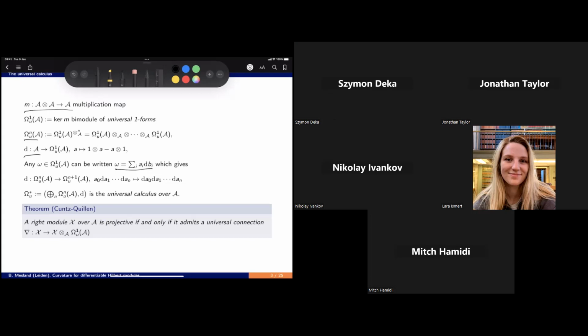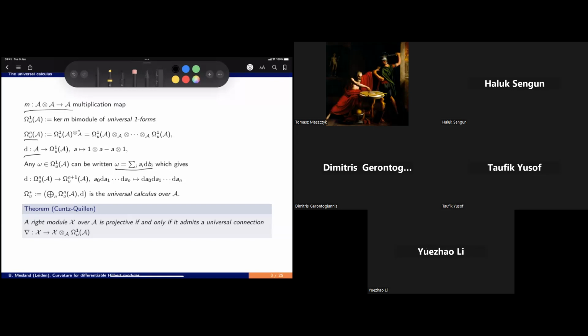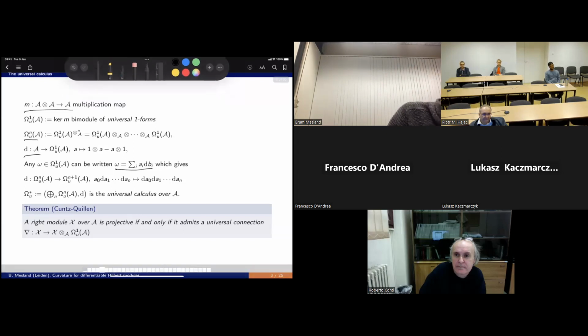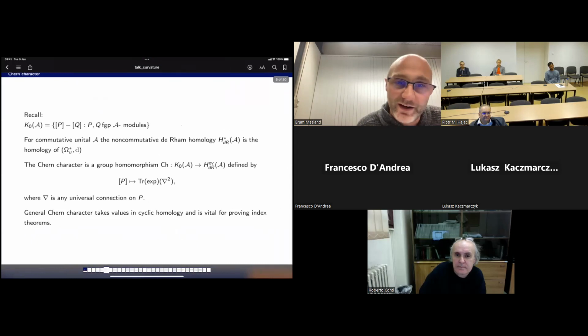And of course, we like projective modules because they relate to K-theory if they're finitely generated. So this puts us in a nice algebraic setup. So then the Chern character, well, recall that the K group of an algebra can be very quickly defined here on the second line.